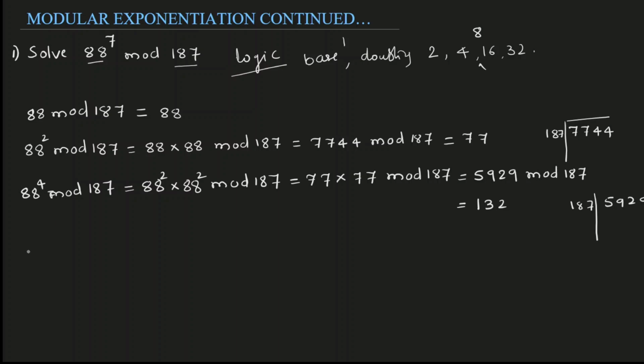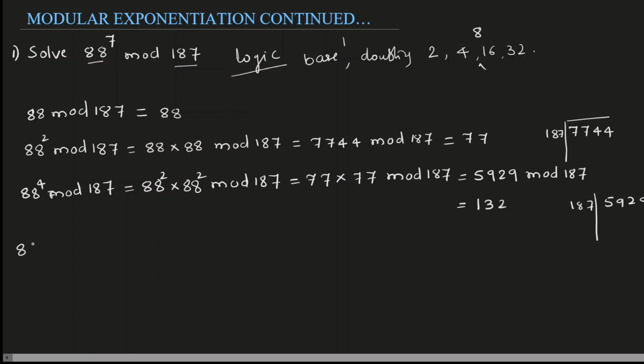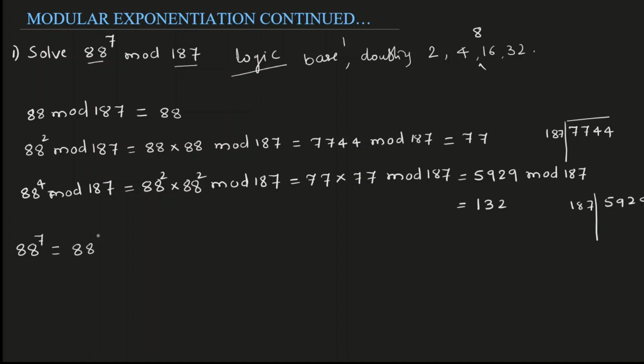Now we'll stop here because we want only 88 raised to 7. 88 raised to 7, it can be written as 88 raised to 4, as I said before, 88 raised to 2 into 88 raised to 1. Yes, what is this? This mod 187.